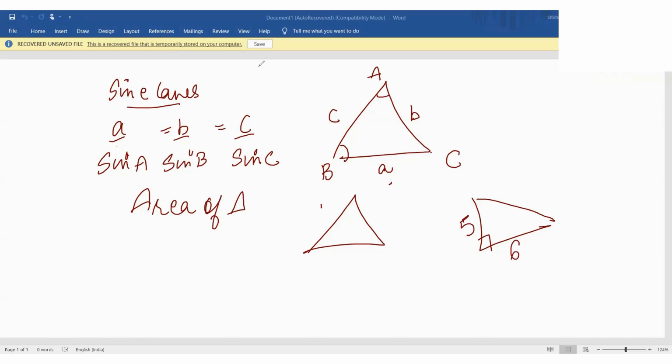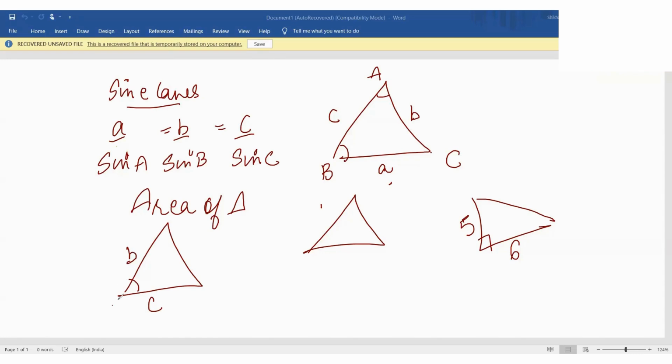This is the right angle triangle. We can clearly see the perpendicular height. But in many triangles, we cannot see it. They don't give it. According to the grades, they make the questions very difficult. So in triangles which are not right angled, where we have given two sides and the angle made by those two sides, I'll repeat my statement: two sides and the angle made by those sides.